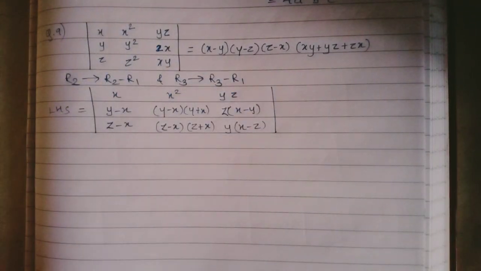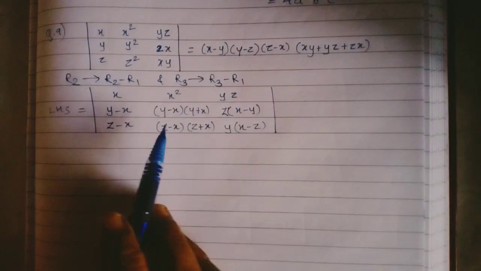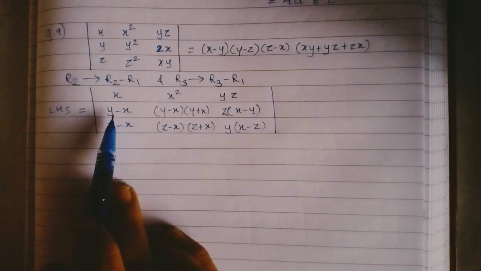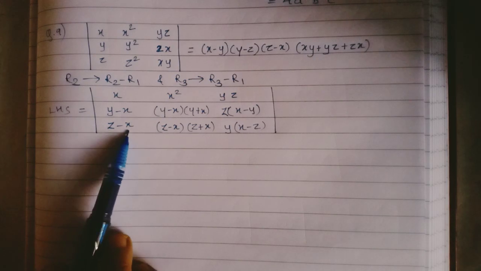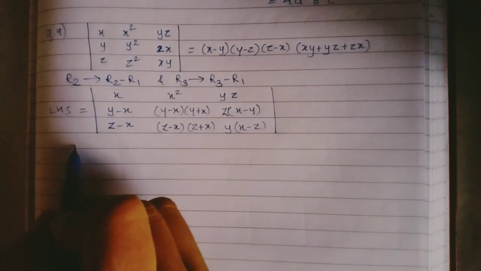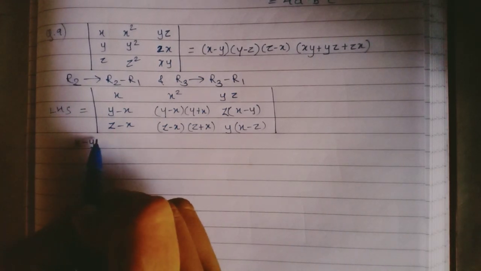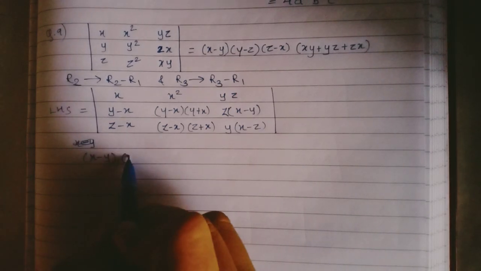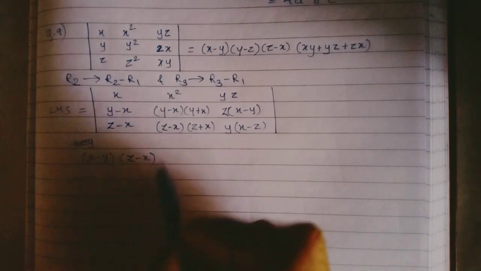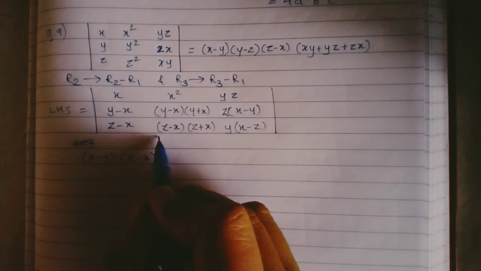Okay, now we are taking out x minus y from R2 and z minus x from R3. So x minus y from R2 and z minus x from R3.